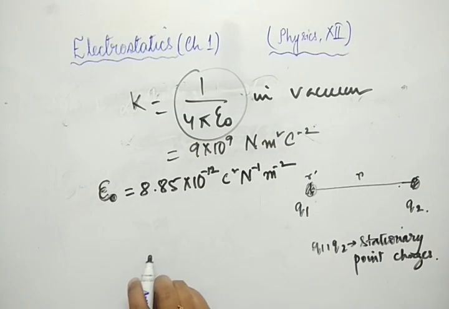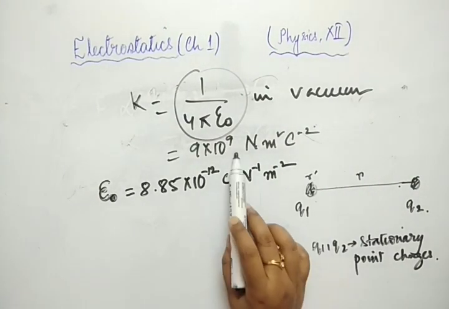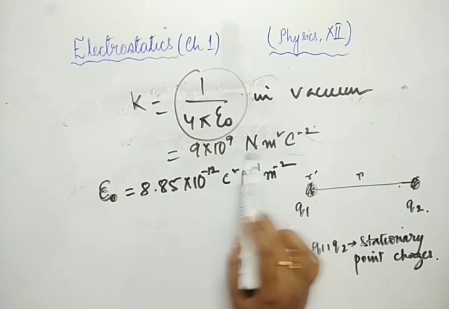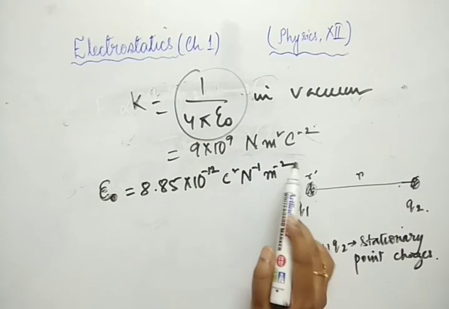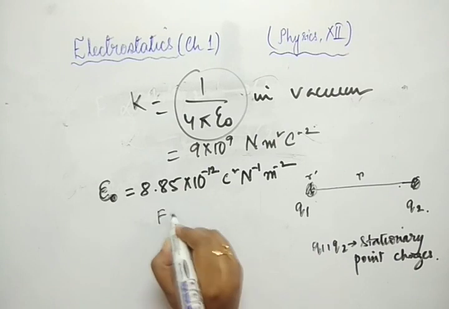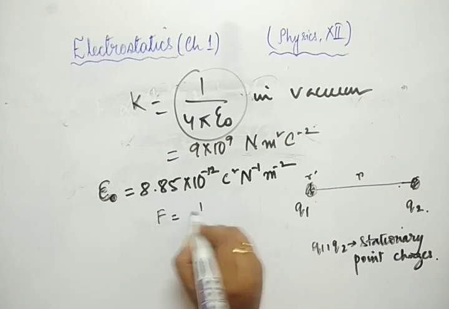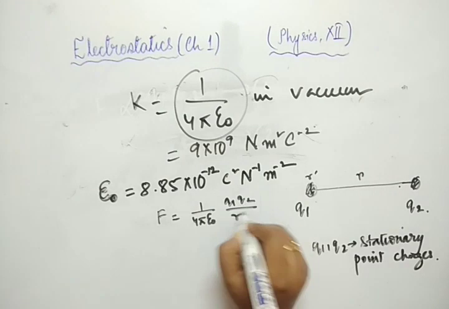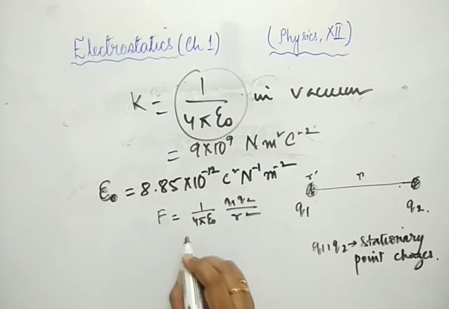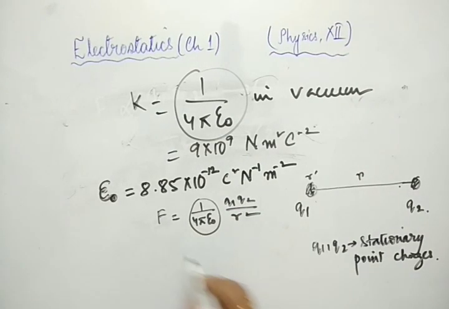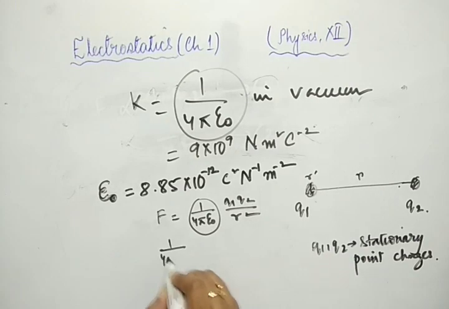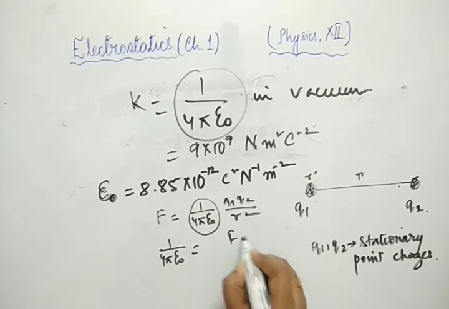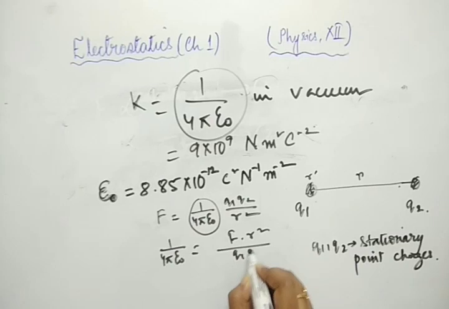Okay, so now you may think, how does this unit come? You can understand, F equals 1 by 4 pi epsilon naught Q1 Q2 by R square, which is Coulomb's law. If you want to find out this term, we can write 1 by 4 pi epsilon naught equals F into R square divided by Q1 Q2.